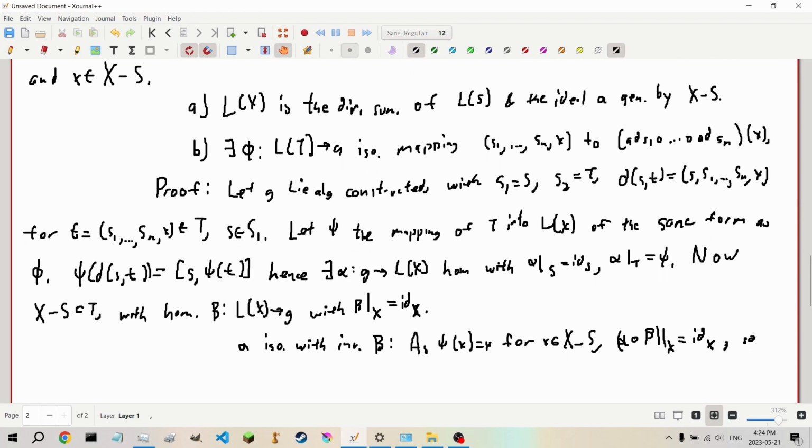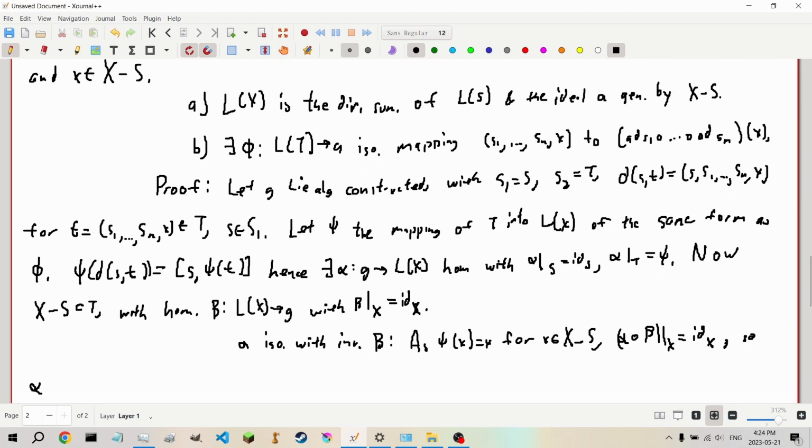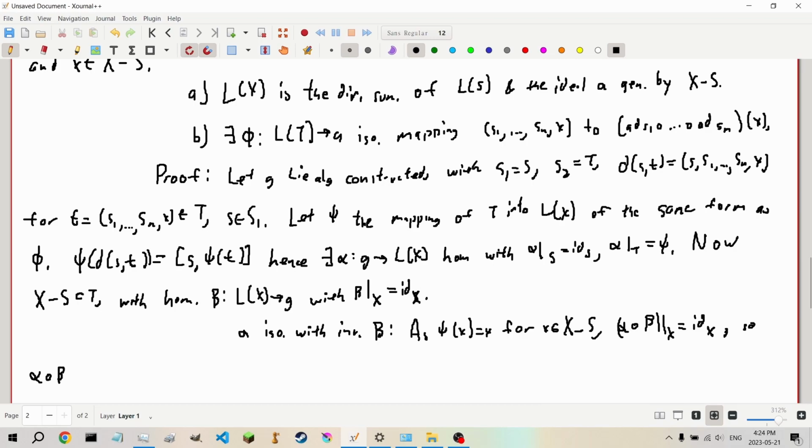So this can be extended to our free Lie algebra. We also see that the bracket of S and T is our D of S and T in G by construction.